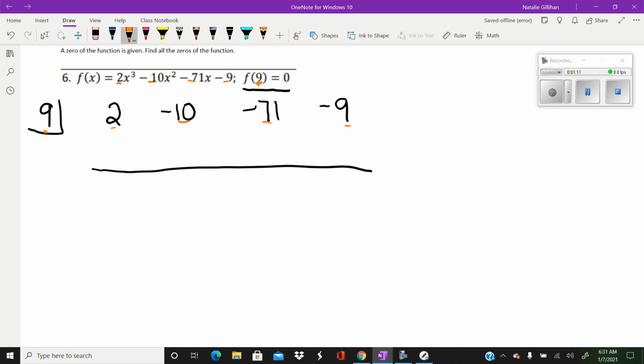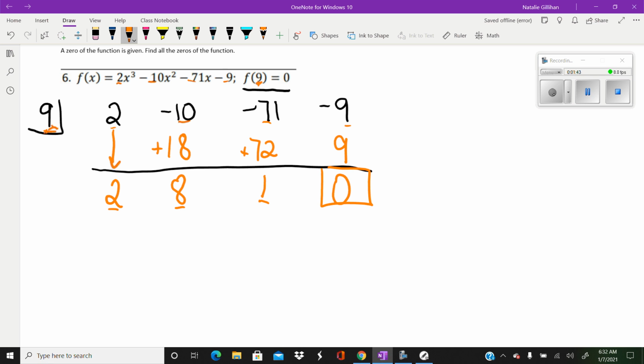All right, so let's start this process. First things first, our 2 drops. And then we take the bottom times the box, 2 times 9 gives us 18, and that goes there. We add, negative 10 plus 18 gives us 8, and bottom times the box, 9 times 8 is 72, and we add, and we get 1. 1 times 9, bottom times the box is 9, and negative 9 plus 9 is 0.